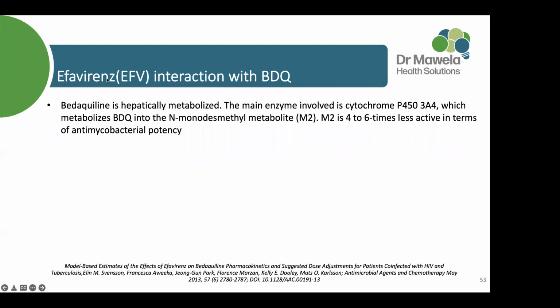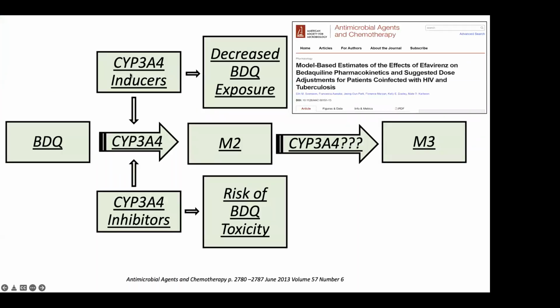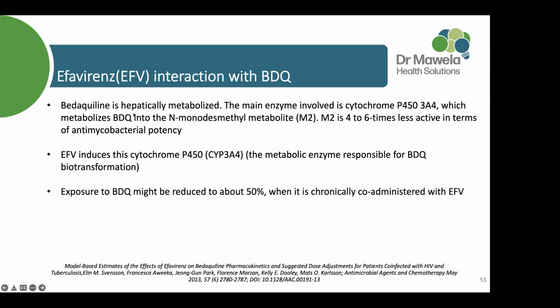When you look at efavirenz, it has a very strong interaction with bedaquiline, because efavirenz induces the enzymes. They metabolize bedaquiline quickly, you get low blood concentrations of bedaquiline, and your patient is likely to fail treatment. The exposure to bedaquiline is reduced by up to 50%.